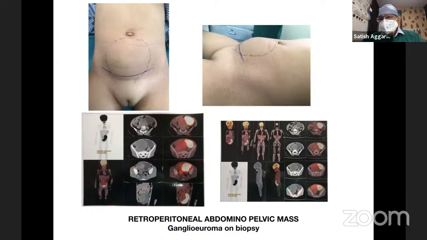And then we did a biopsy on this child, and biopsy confirmed that this was a ganglioneuroma. So here we are, a neurogenic tumor, which is ganglioneuroma on biopsy, and is involving the sacral nerve roots. So what do we do? This tumor is not going to respond to chemotherapy. In fact, chemotherapy is not required. And therefore, we went straight for excision.